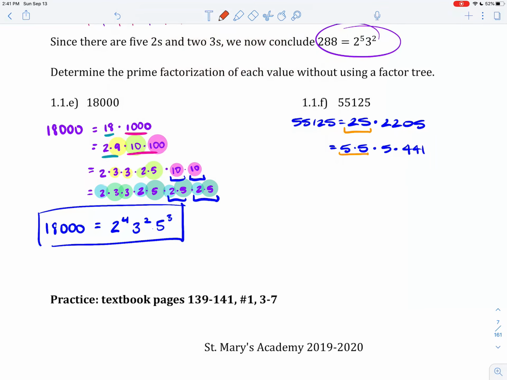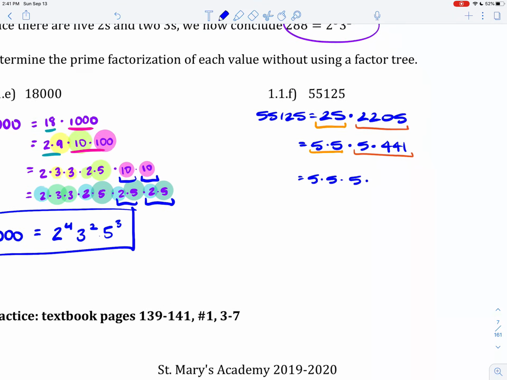And again, continuing to break that up. This 5 stays the same, this 5 stays the same, this 5 stays the same. They're already prime, but 441 can be broken down further.